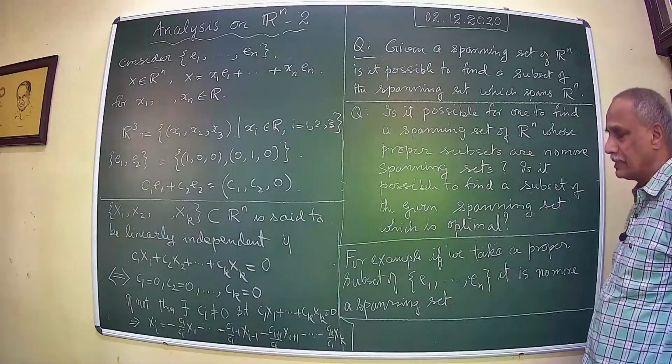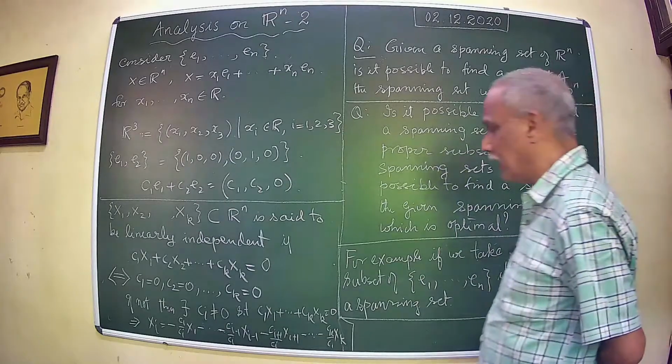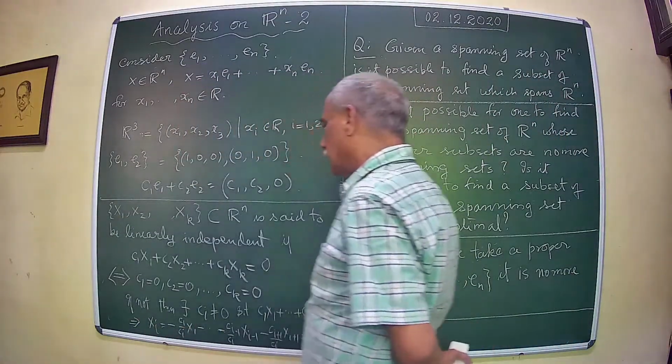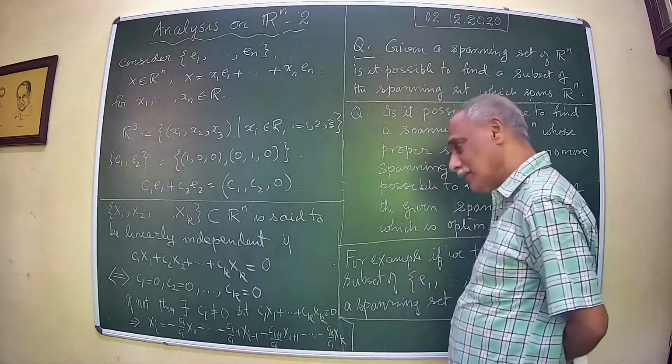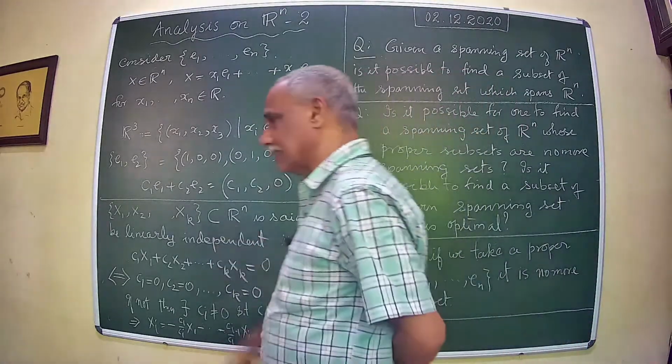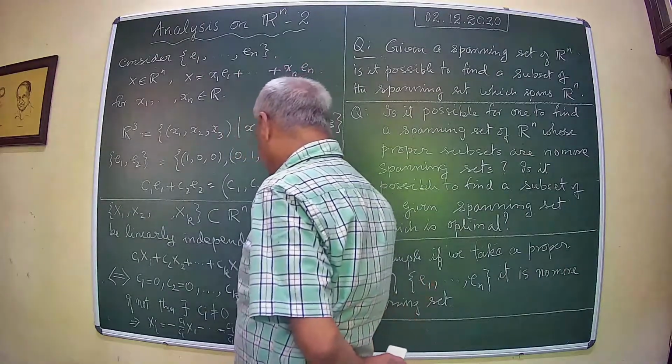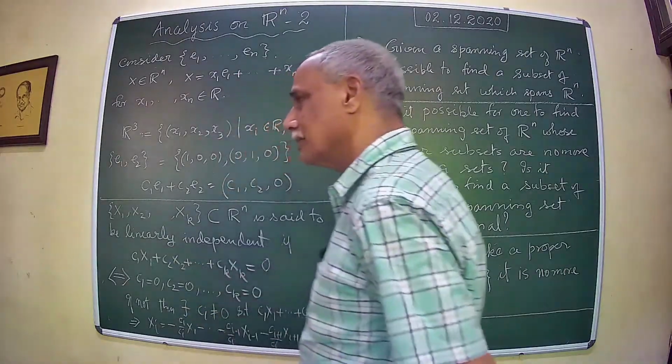That means xi can in that case be obtained as a linear combination of x1, x2, etc., xk, with the xi dropped out. Okay. So if this is not true, then this is what you get.